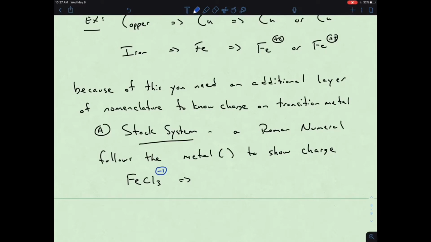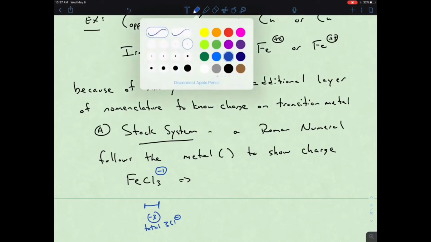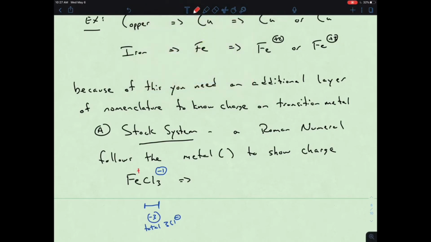That's -1. That means if we look at the chlorines, we have a total of -3. For those three chlorides, that means that our iron must be in the +3 state. Again, that balancing of charge. And so this would be iron(III) chloride.